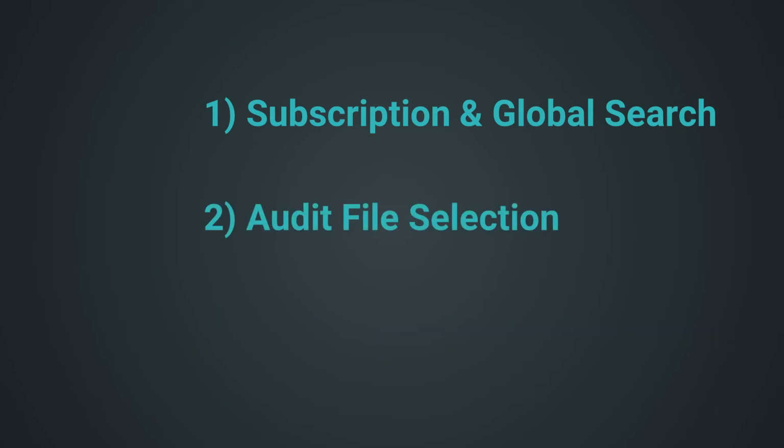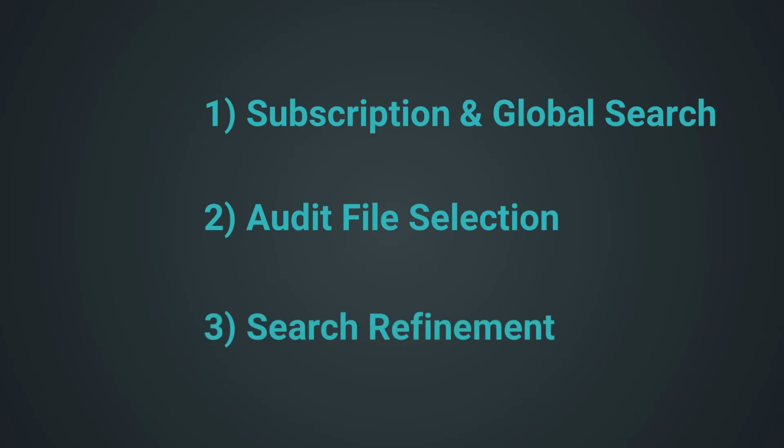The result of the search gives you back a number of files including descriptive meta information where the search criteria do match. You can then select the audit files you want to do your research on in more depth. And from now on it's time to drill down into the data, or as we call it, do a search refinement using more specific criteria provided by the already defined layouts, dynamically fitting the available indices in the selected files.